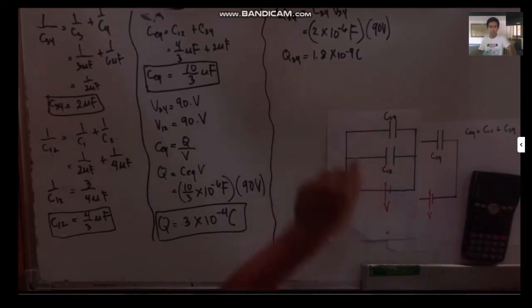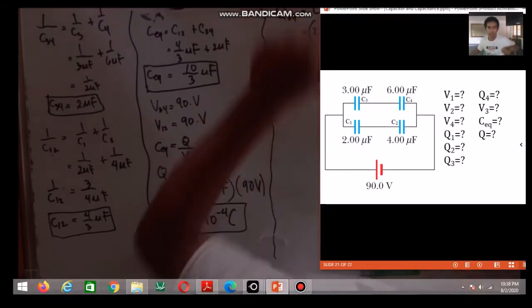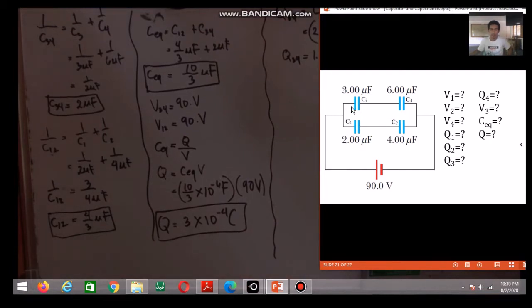So since 3 and 4 are connected in series, what is equal for every capacitor if capacitors are connected in series? The charge. Okay, so the equivalent charge of C34 is equal to the charge of C3 as well as the charge of C4.